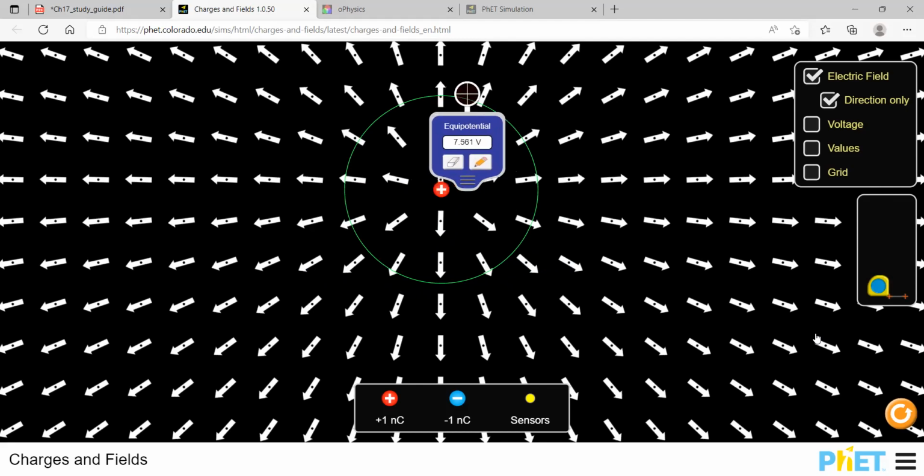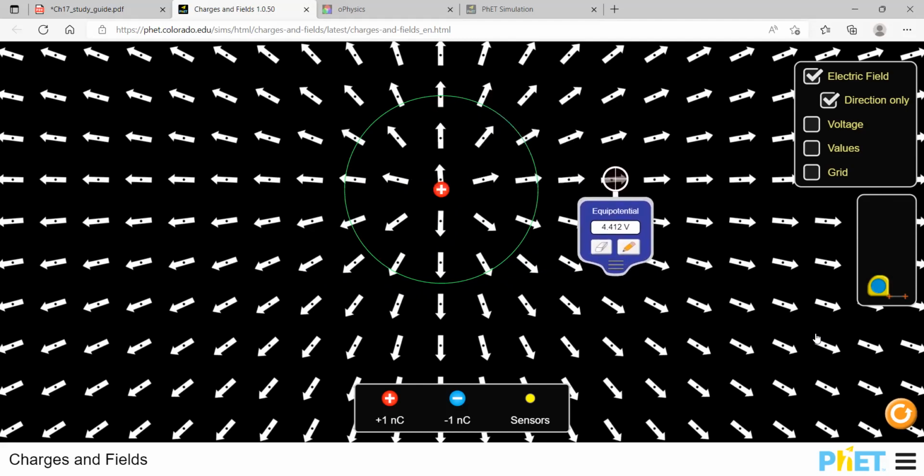Now if I draw another equipotential line, it has a potential of 4.412 volt. So in the first circle the potential was the same everywhere, and in the second circle it is also the same, but different from the first circle.